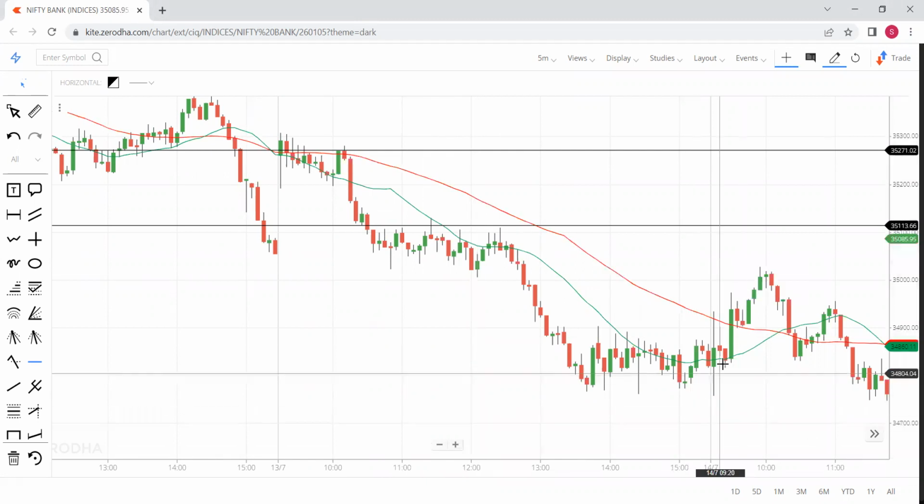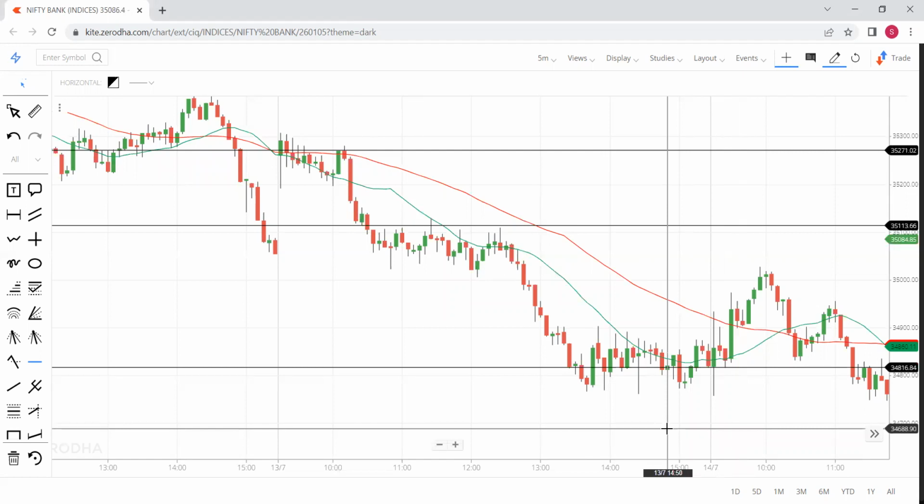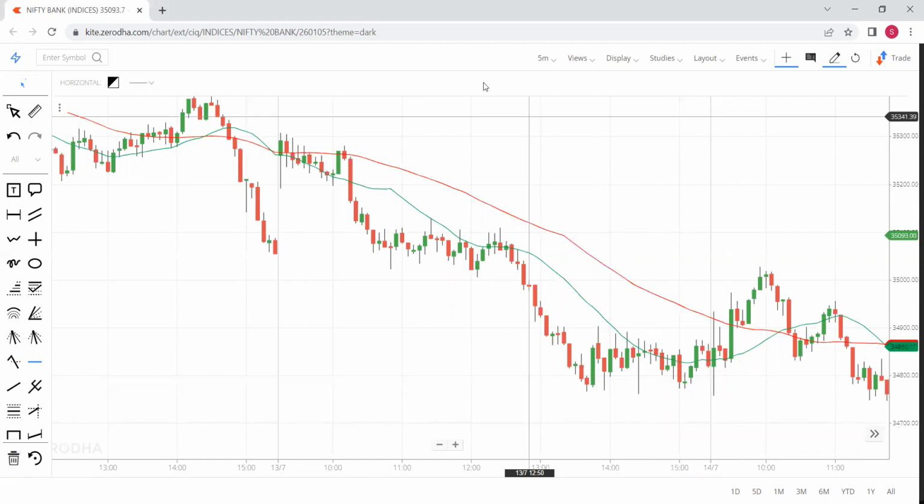And you can see the target has reached around 34,816, which is around 300 to 350 points is what our target has been that particular day. Let's get into a few more trades.